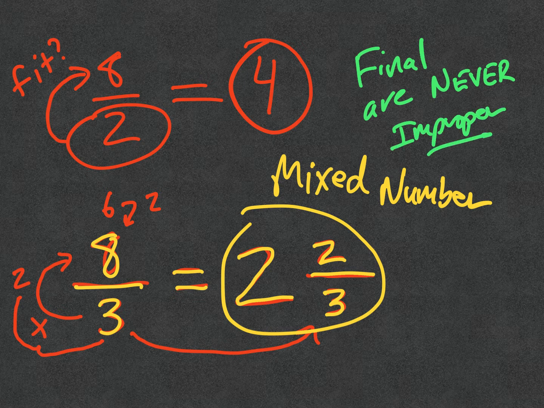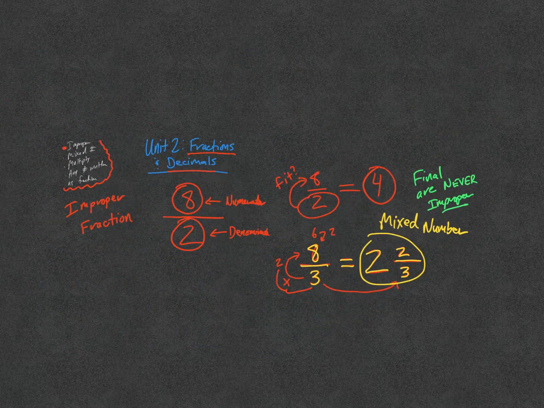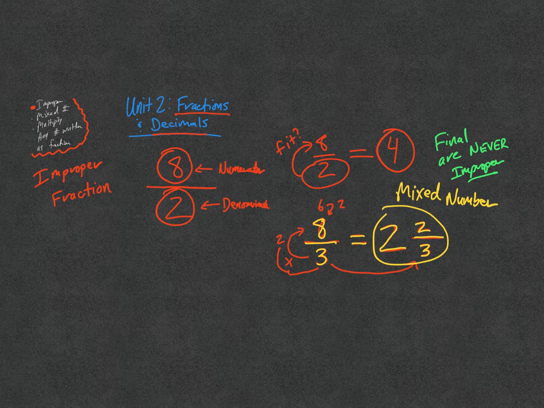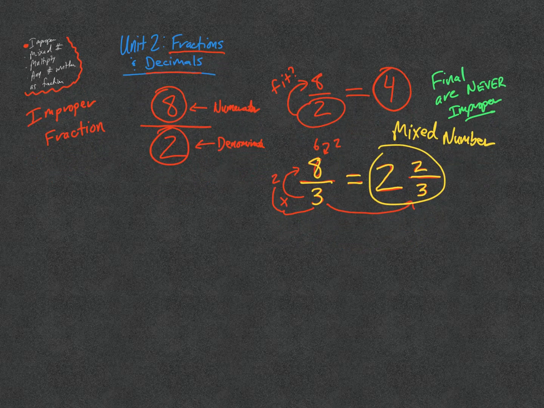That word improper means we don't want it. Okay, and so hopefully that makes sense for both mixed numbers and improper fractions. And again, I'm assuming this is something you've seen before, but if you need extra help, let me know.